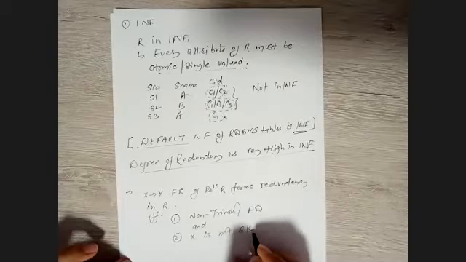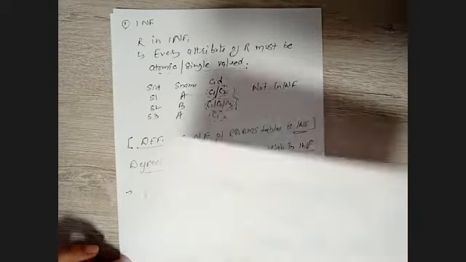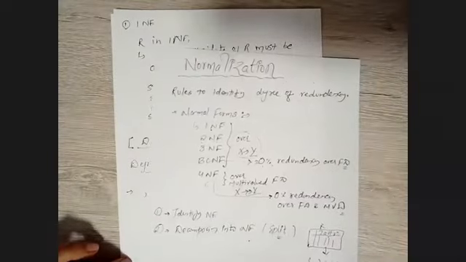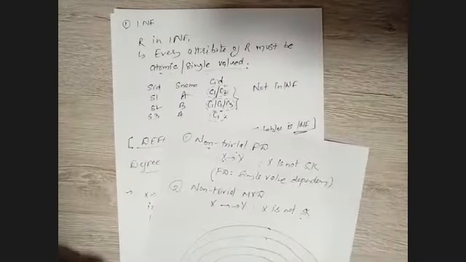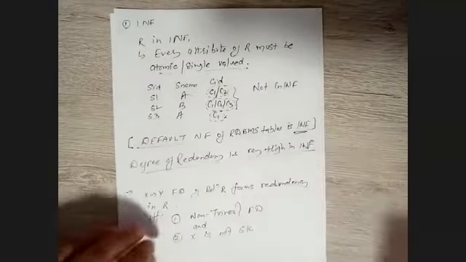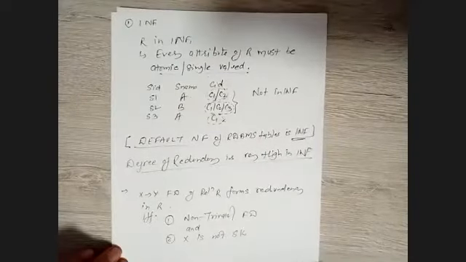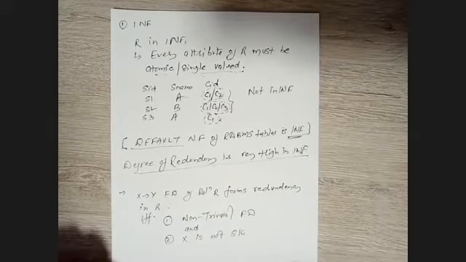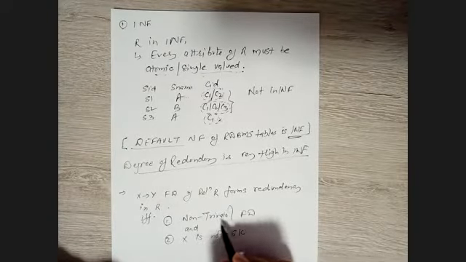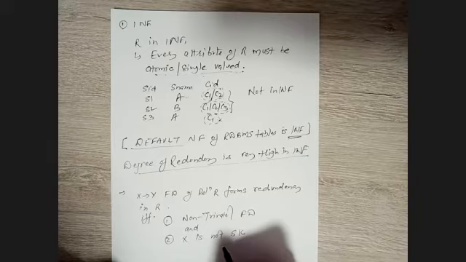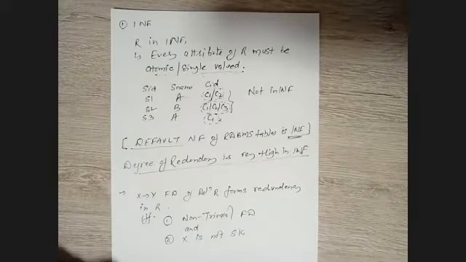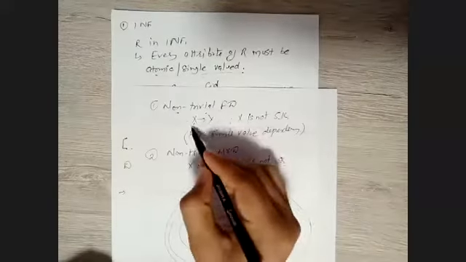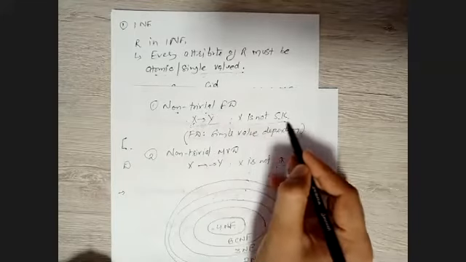These points are very important when we move on to the actual normal forms. So we are looking for a non-trivial functional dependency where X is not a super key.